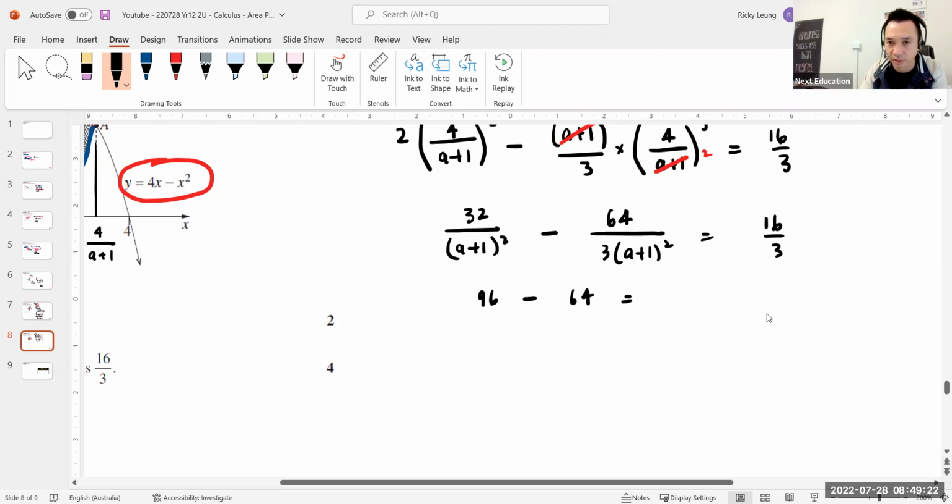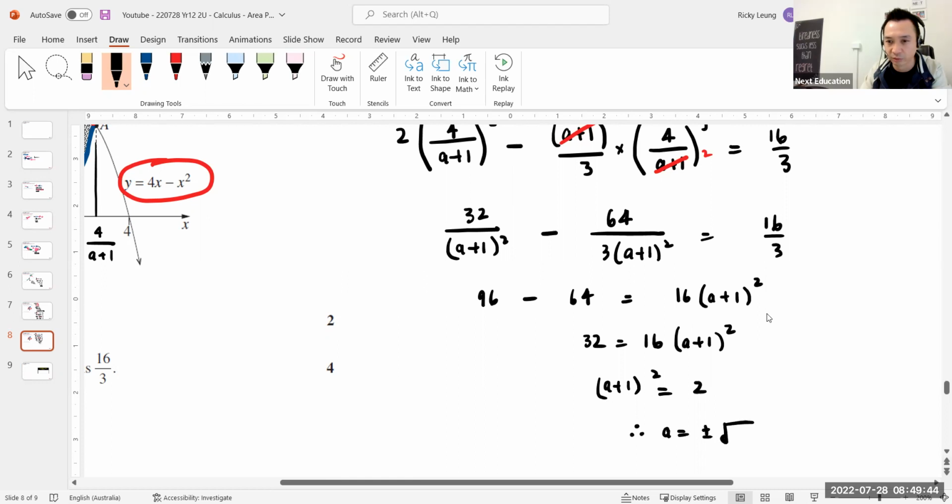Times it by 3 is gone, and then it equals 16 a plus 1 squared. All right, so that's 32. I think my algebra is right. Guys, if I'm wrong, let me know. That's 2 equals a plus 1 all squared. This is turning out quite nice. Therefore, a in this case is plus or minus root 2 minus 1.